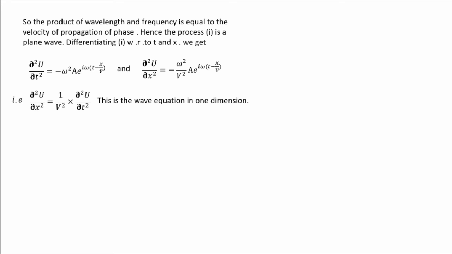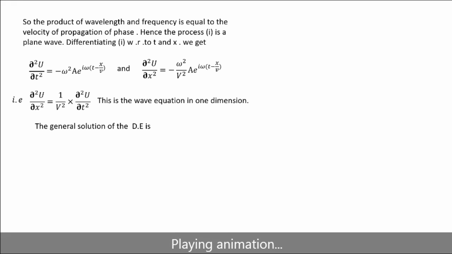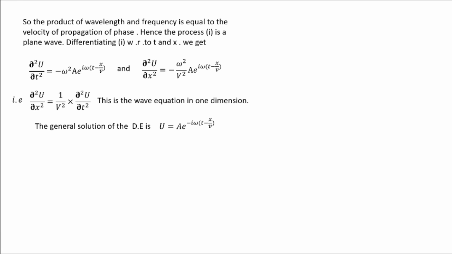Proceeding, moreover, we can get the Schrodinger wave equation for free particles. The general solution of the differential equation is u is equal to A e to the power i omega (t minus x by v).